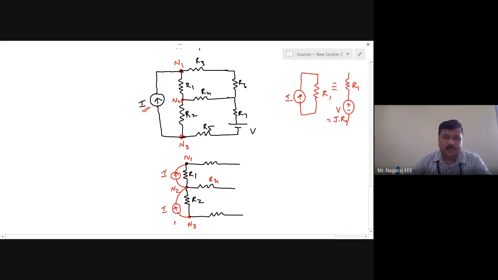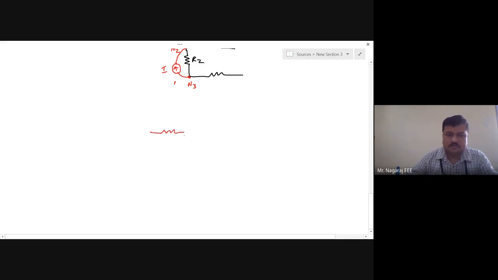If the direction of current is downward, now I will take another circuit. Now if I have to shift this, for example, I will take exactly the same circuit with opposite direction.